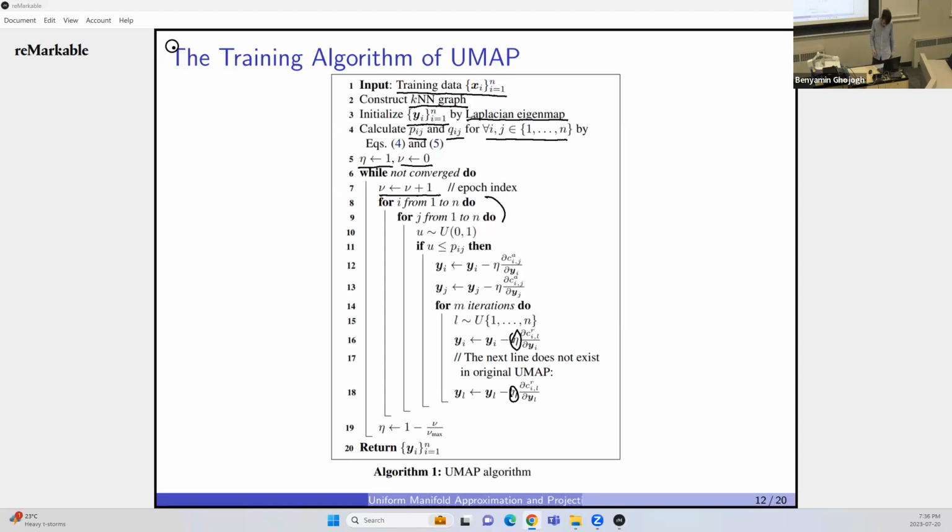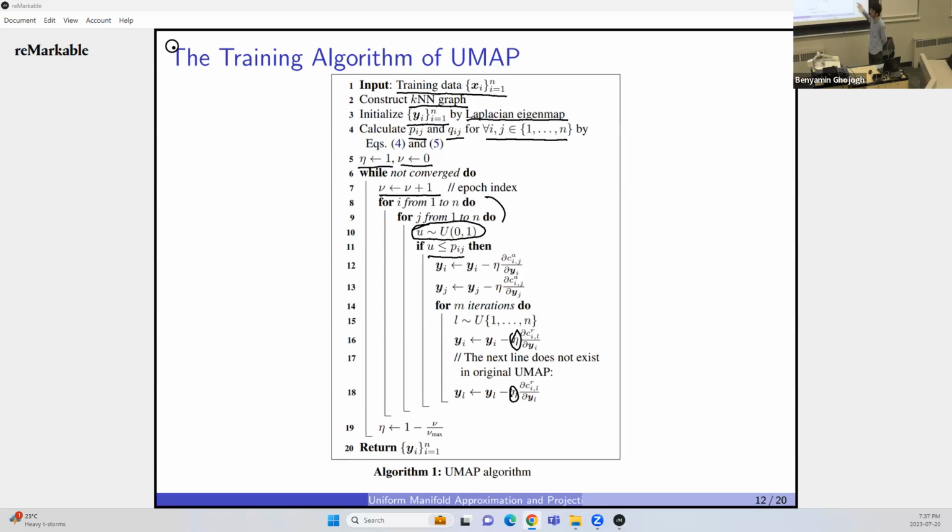And then here, I sample a uniform variable between 0 and 1. U here, big U, stands for the continuous uniform distribution between 0 and 1, so it will be a random value between 0 and 1. If it is less than Pij, it means that Pij has happened.